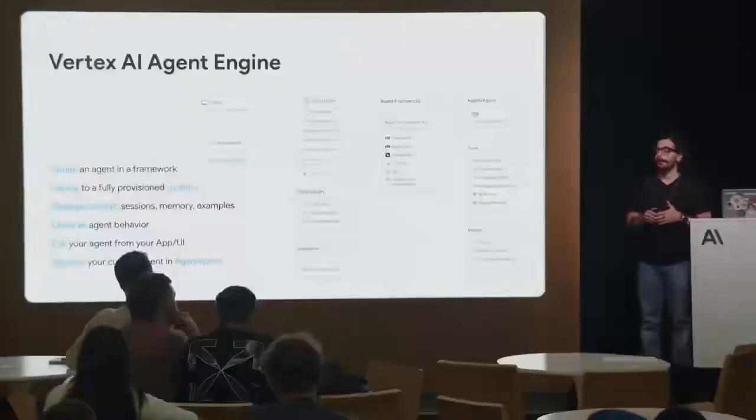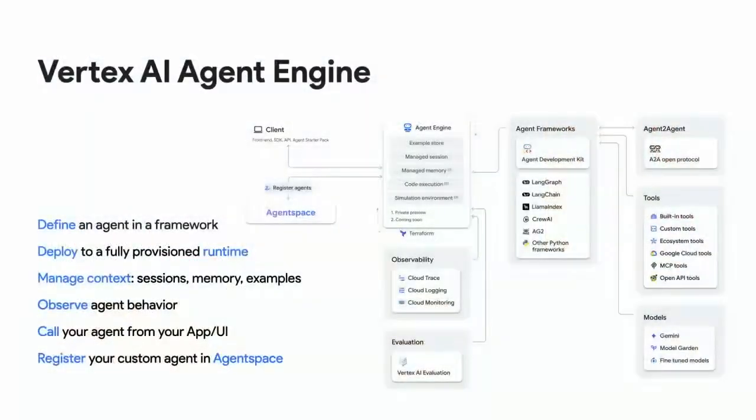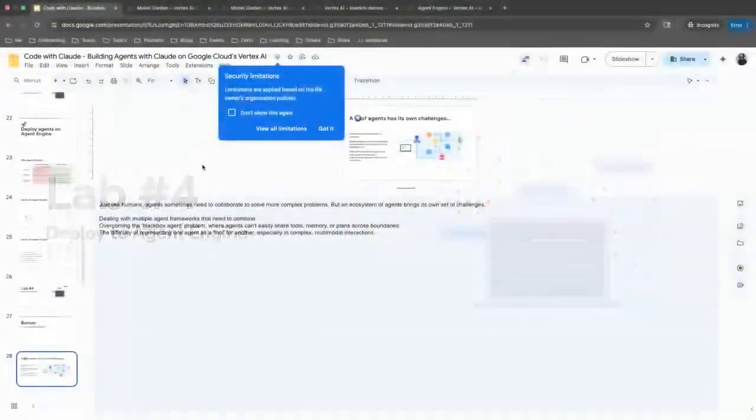Agent Engine also has an integration with another service that we provide on Google Cloud, which is Agent Space, which I'm not going to cover today, but just to give an idea, it's the gate that will allow your agent to go into the hands of business, so really have an impact with the agents that you are going to build in an enterprise context. But with that being said, let me jump into the last lab that we are going to cover today.